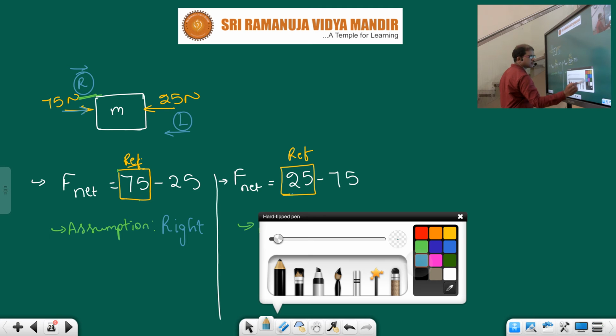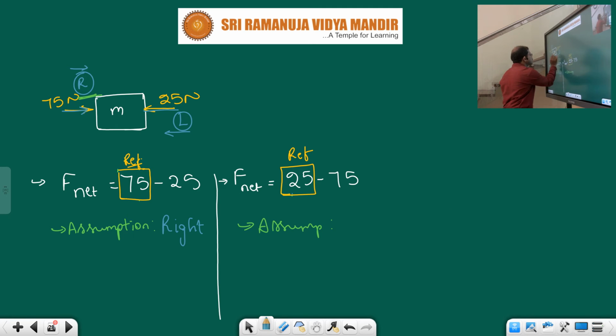Our assumption is the block is moving in the direction in which 25 newtons is acting, towards left. The block is moving towards left.